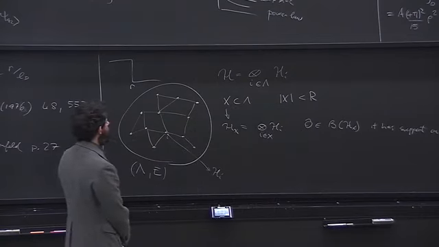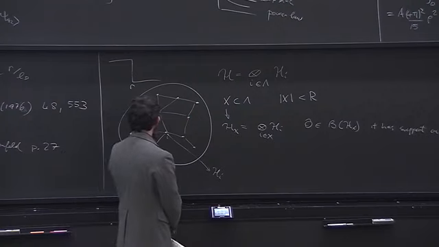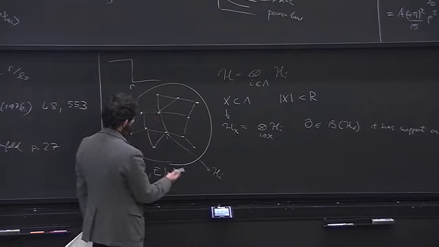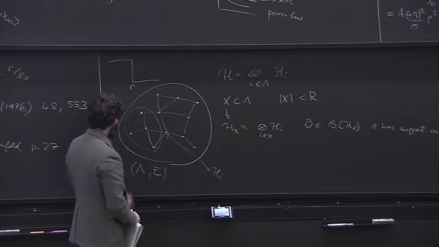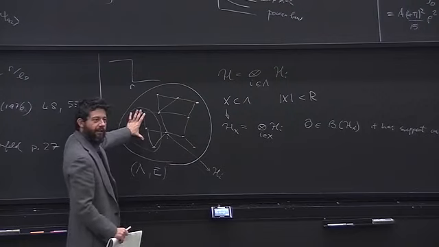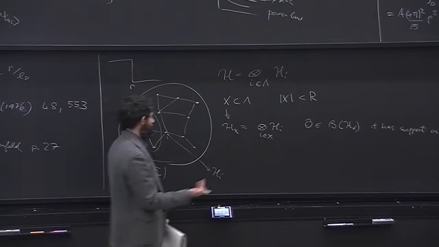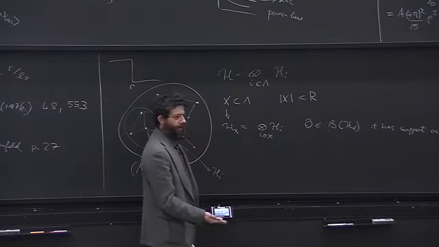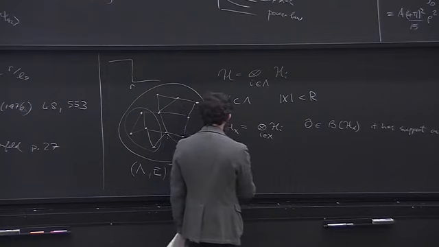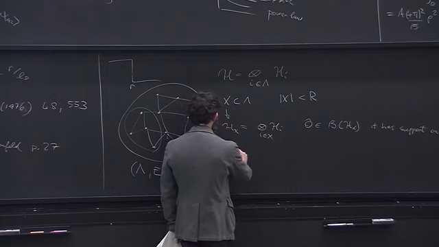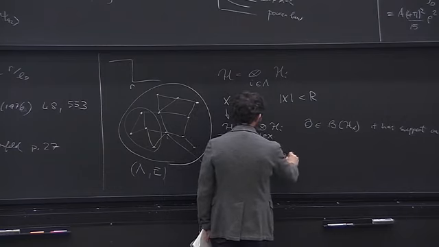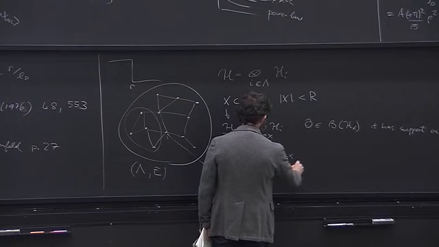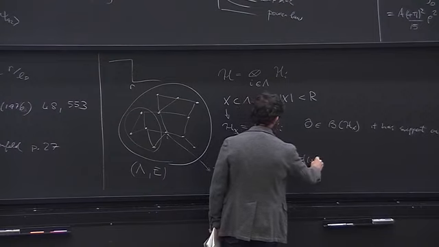Now I also want to give a notion of the distances inside X. The greatest distance between points in X is called the diameter of X, which is just the maximum over all the points x and y in X of the distance between x and y.